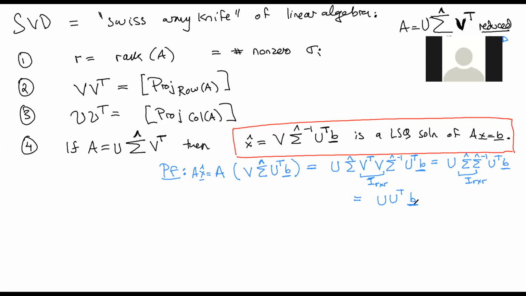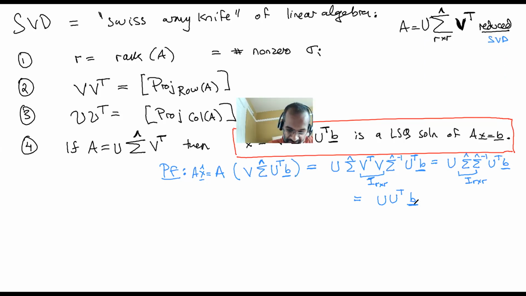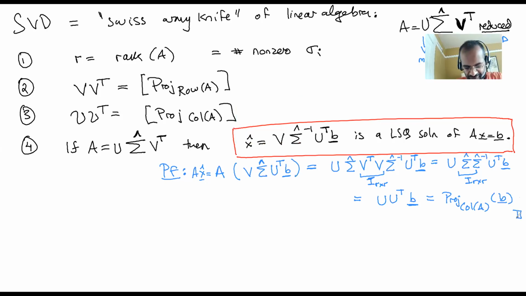It's the identity because it's an orthonormal basis. It's not the identity. Oh, it's a projection, sorry. It's a projection, yeah, exactly. Because U here is an m by r matrix. So this is the projection of B onto the column space of A, but that's what a least squares solution is. It's the solution to AX equals B hat, and this is B hat.